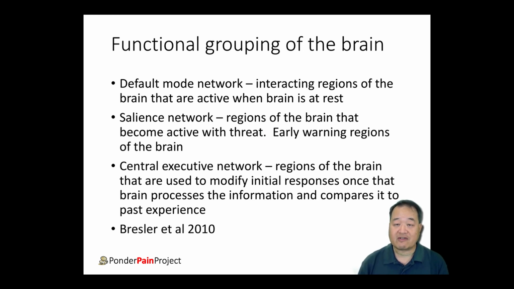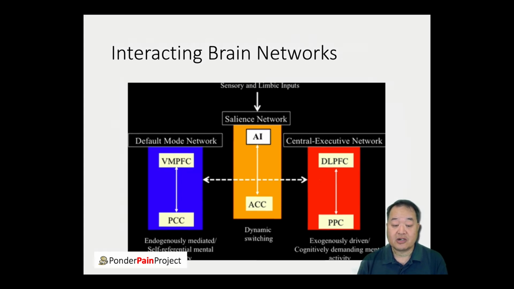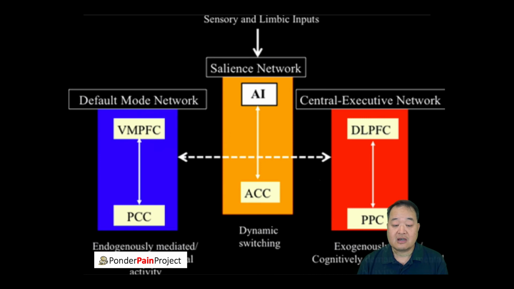So this is one way of classifying the functions of the brain with pain: by activity that occurs at the default mode network, the salience network, and the central executive network. And you'll see some of the structures that are activated with these. The default mode usually involves a lot of the prefrontal cortex and the posterior cingulate cortex. These are really active with our default mode network.